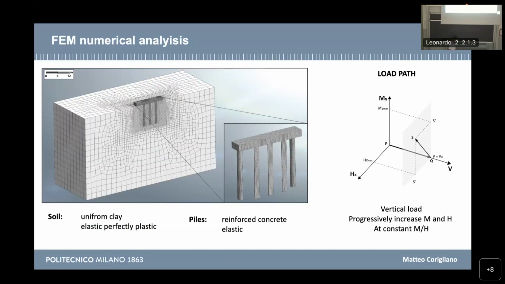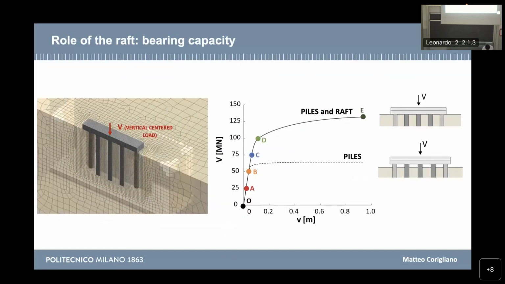So this simplifying assumption is overpassed, and the other one is the presence of the raft in the simulation. The raft can pass stresses to the foundation soil, and it is not disconnected as in the simplified, conventional approaches.